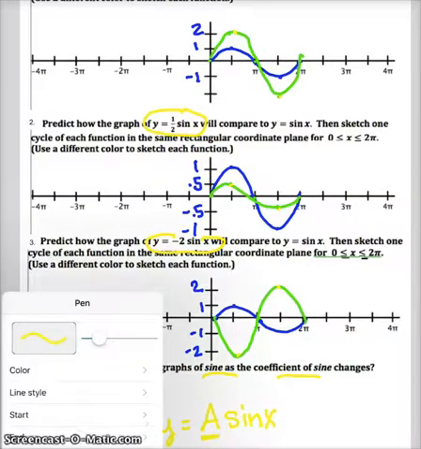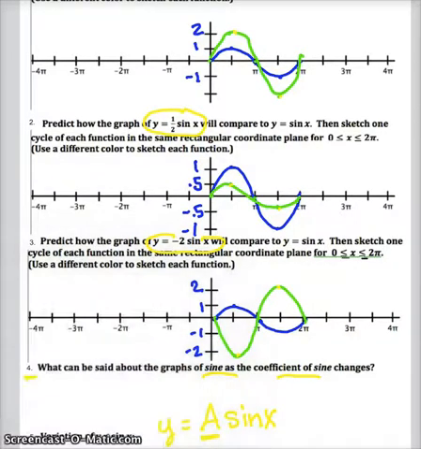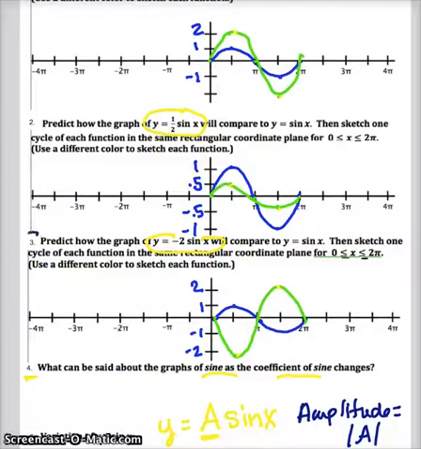And finding the absolute value of A is where we calculate amplitude. So amplitude is equal to the absolute value of A. In number 3, A was equal to -2, so the amplitude is equivalent to +2.